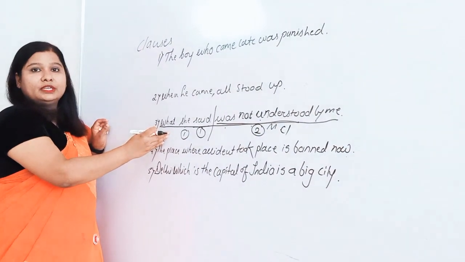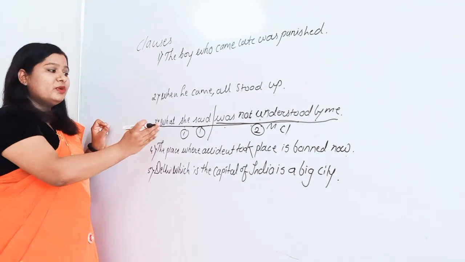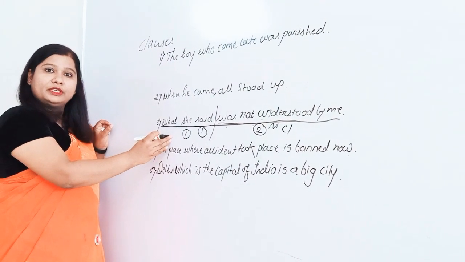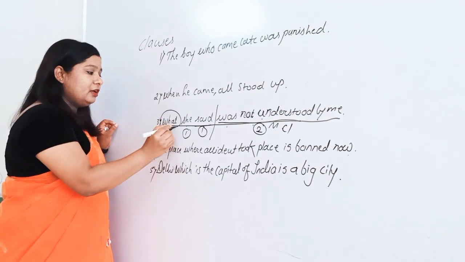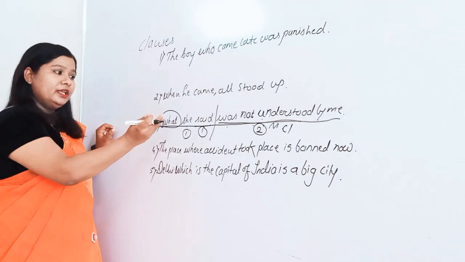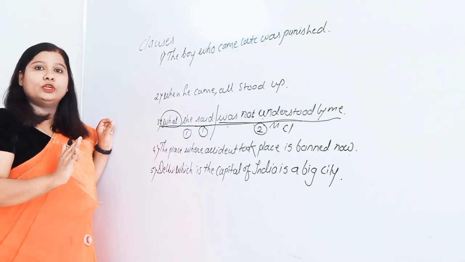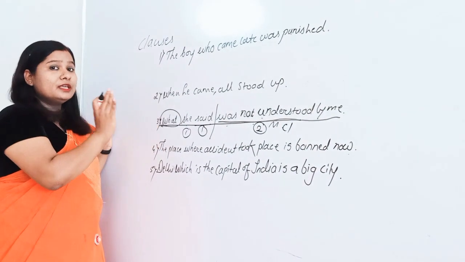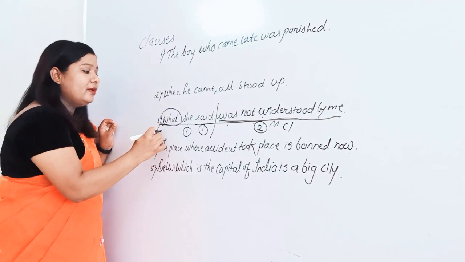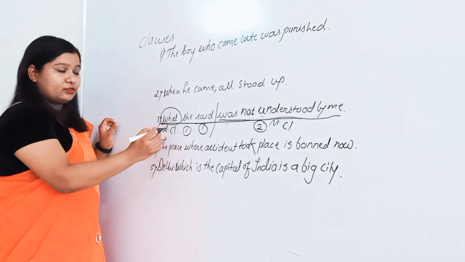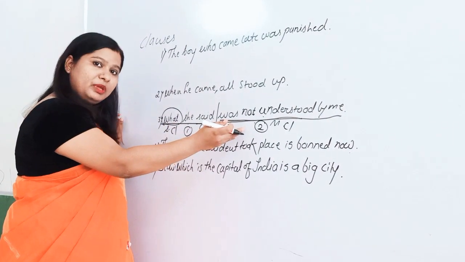This part of the sentence will be the subordinate clause. Why is this part of the sentence the subordinate clause? Because we are able to see the WH word in this part. And the part of the sentence which carries the WH word is called the subordinate clause. That is why this is our subordinate clause and this is our main clause.